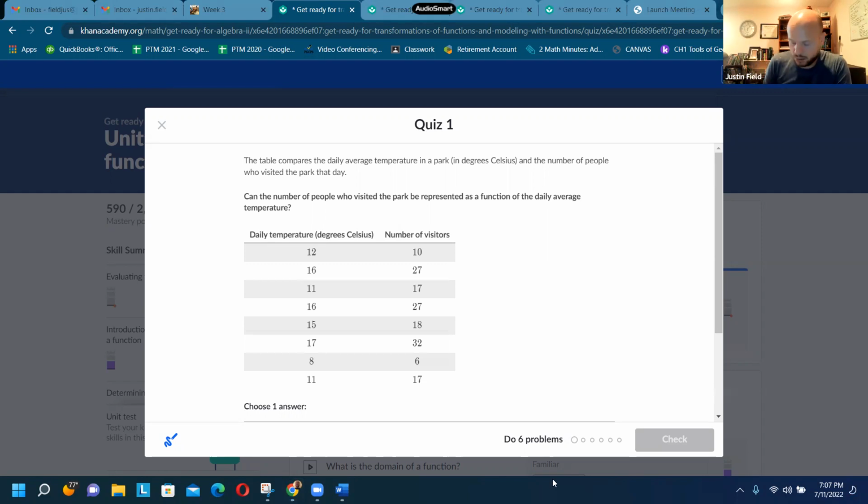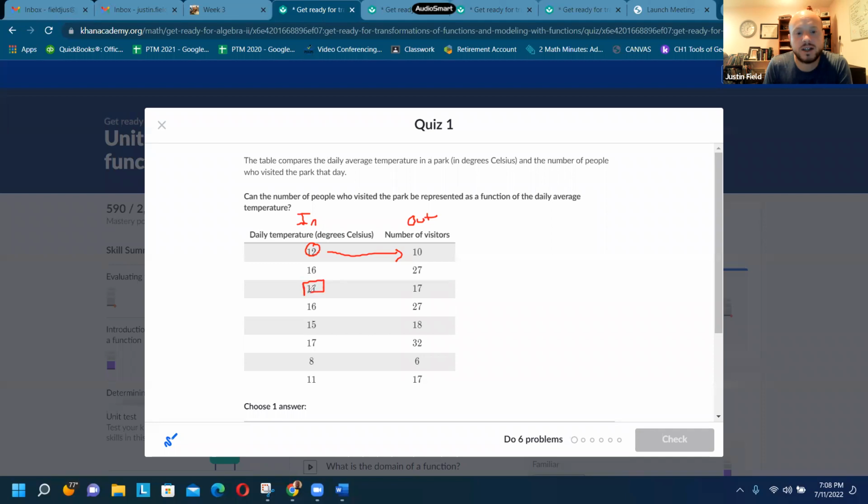They can go to the same output, but the input of 12 can't go to 2 different places. So 12 is the input. These are the in. This is the out. 12 going to 10, then it has to go to 10. I can't see 12 down here and it's going somewhere else.